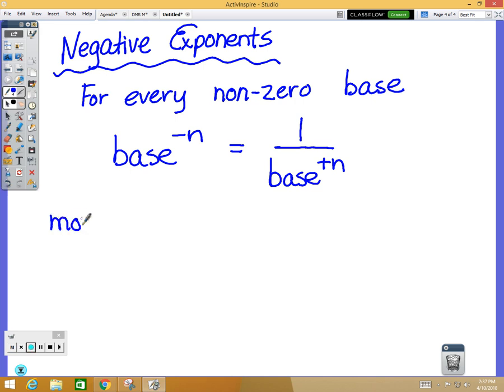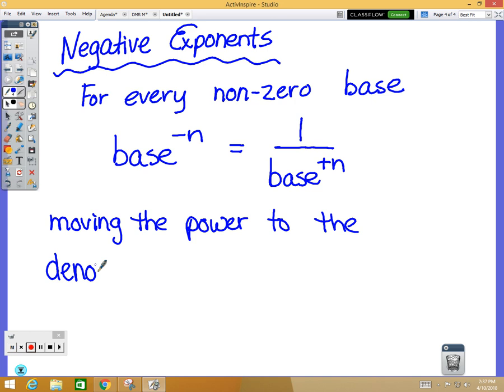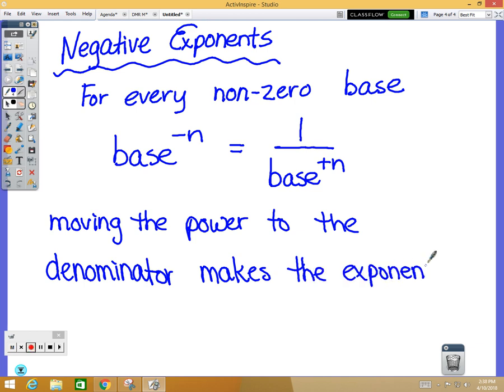So moving the power to the denominator makes the exponent positive.